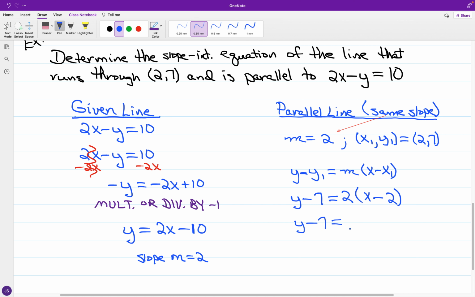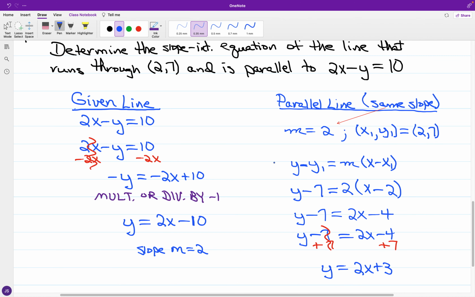So looking at the follow through, we have y minus 7, and distributing 2 over the quantity x minus 2, we have 2x minus 4. To get y by itself, I'm just going to add 7 to both sides, and we'll have y is equal to 2x plus 3.